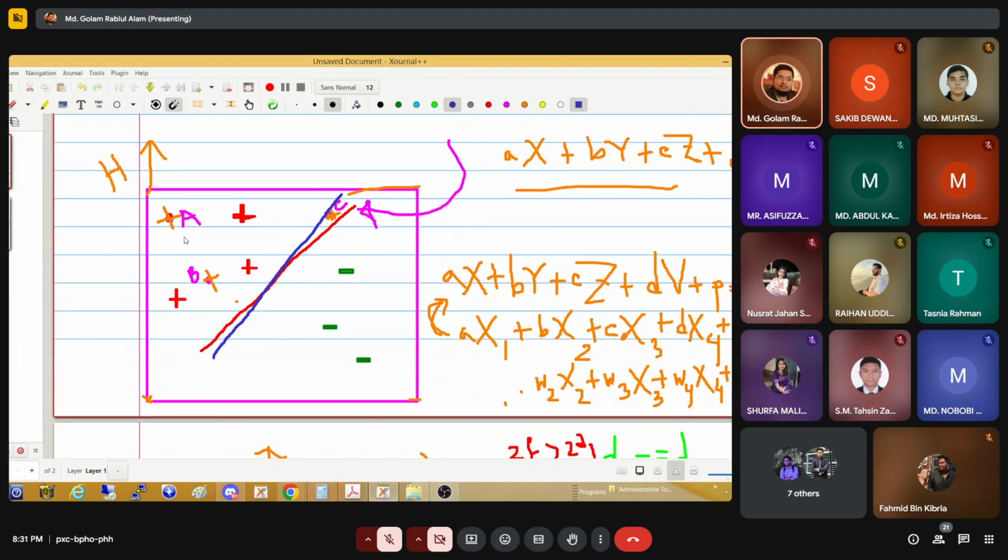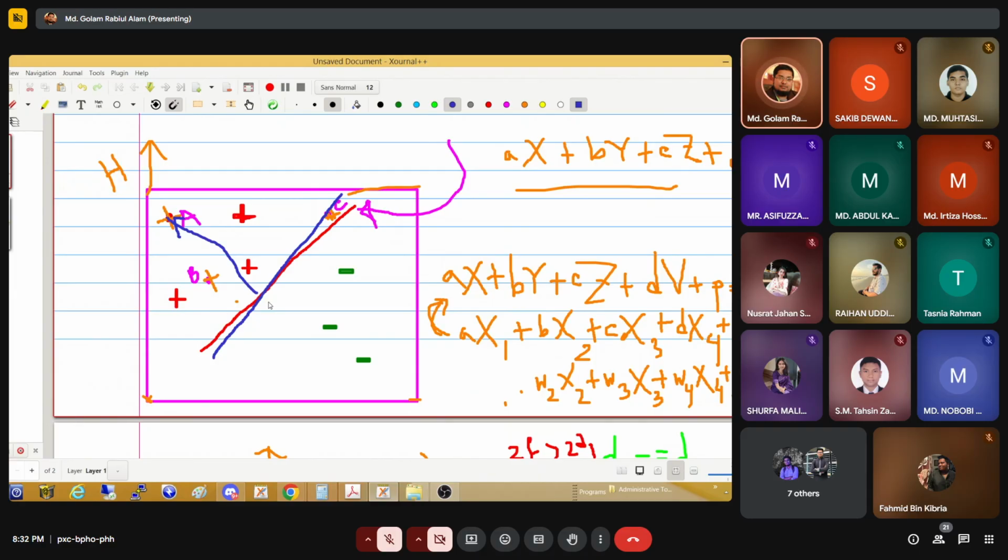Why? Because A is very far from our hyperplane. If we tilt the hyperplane a little bit, it has no impact on it. So that's why we have more confidence. That means if we can draw the hyperplane in such a way that every data point will be at a larger distance, then that will be a better hyperplane.